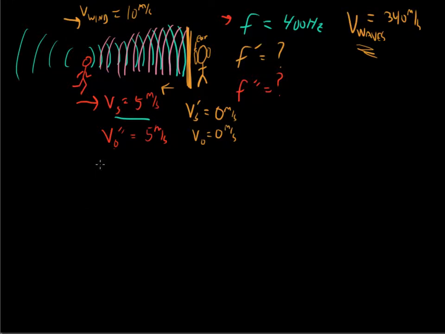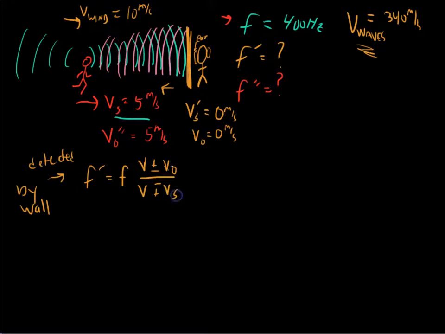So let's just start this off, and we'll say v prime, this is detected by the wall. So the frequency detected by the wall is equal to the original frequency times V plus or minus V of the observer, divided by V minus or plus the velocity of the source.